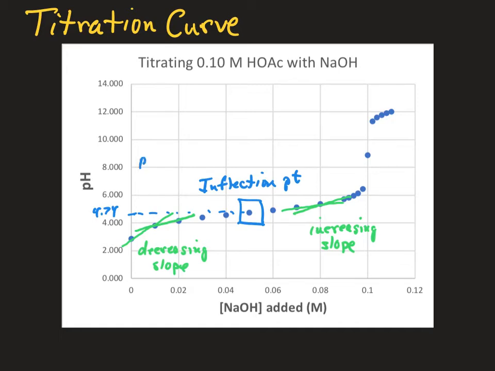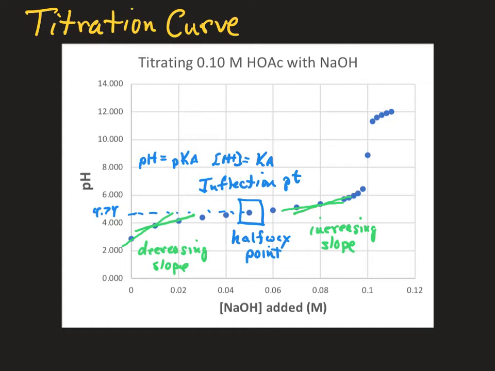Here the pH is equal to the pKa. This is the point where our concentration of hydrogen ions is equal to our Ka. This is the halfway point of our titration.